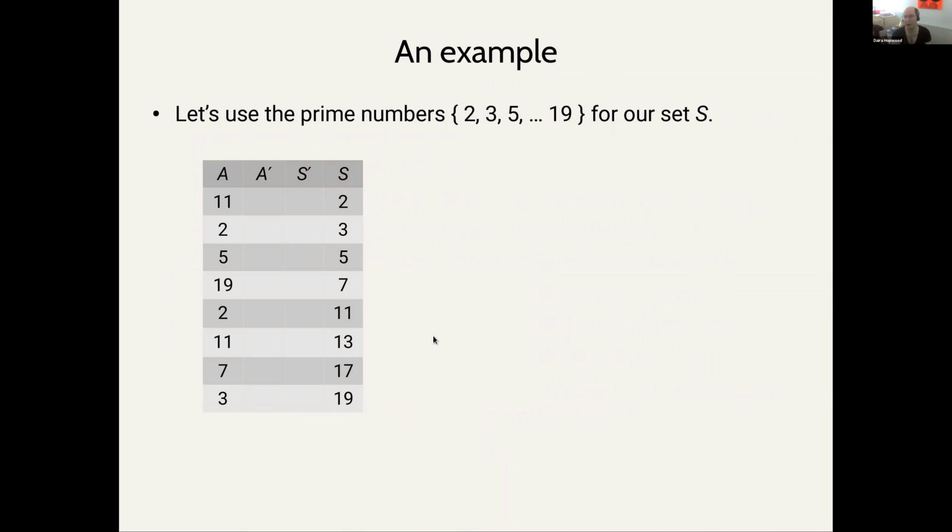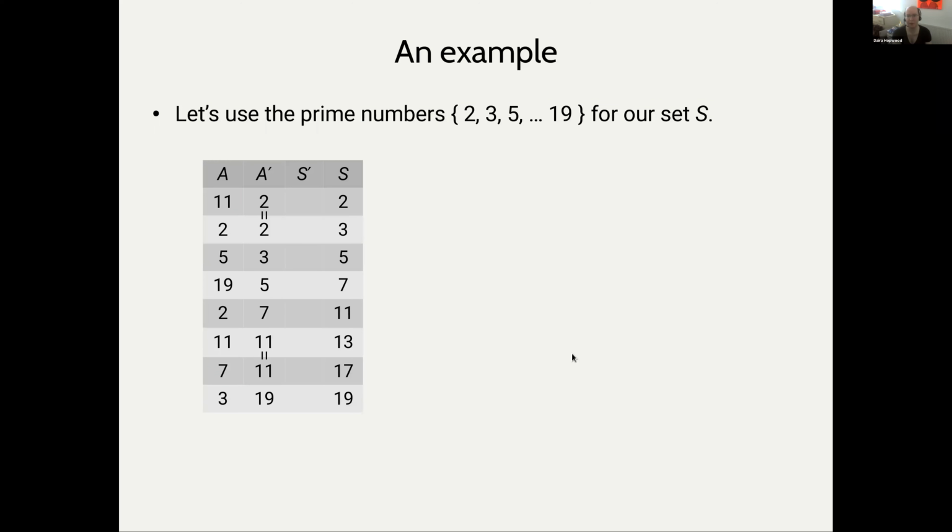It's easier to see this in an example. Suppose we want to check that all of the A are in this set of the first 8 prime numbers. That's our set S. And we can see that this is true for this example. All of these are in the first 8 prime numbers, but they're in arbitrary order and there can be duplicates.